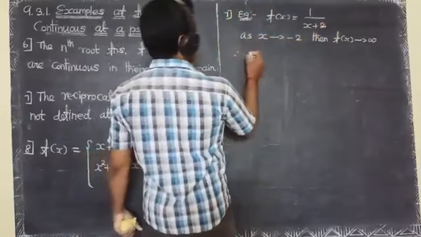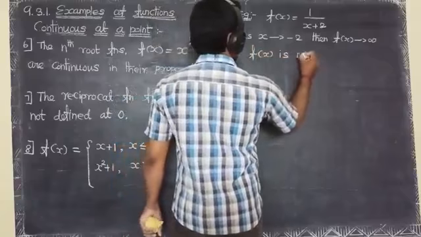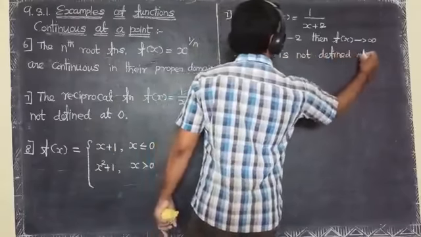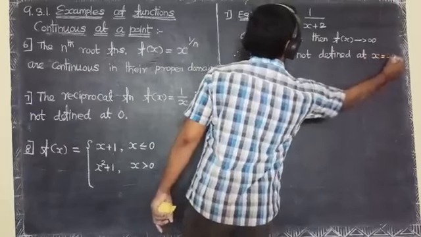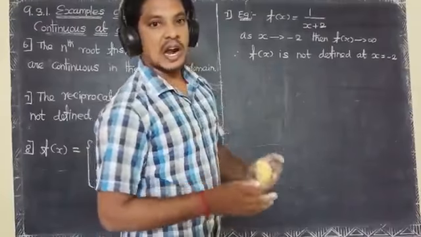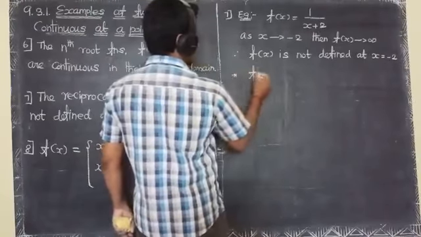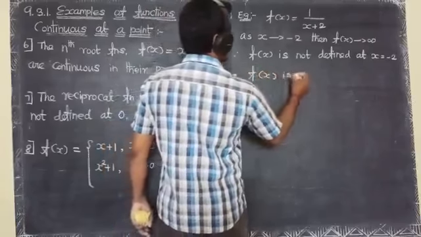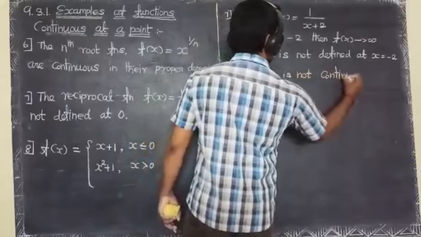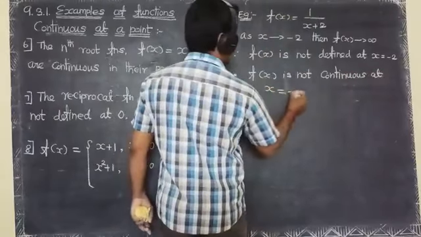Therefore, f of x is not defined at x equal to minus 2. In other words, f of x is not continuous at x equal to minus 2.